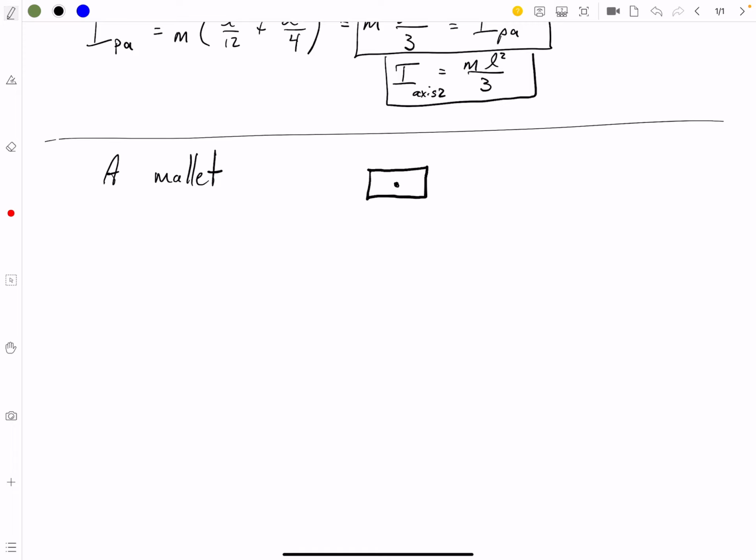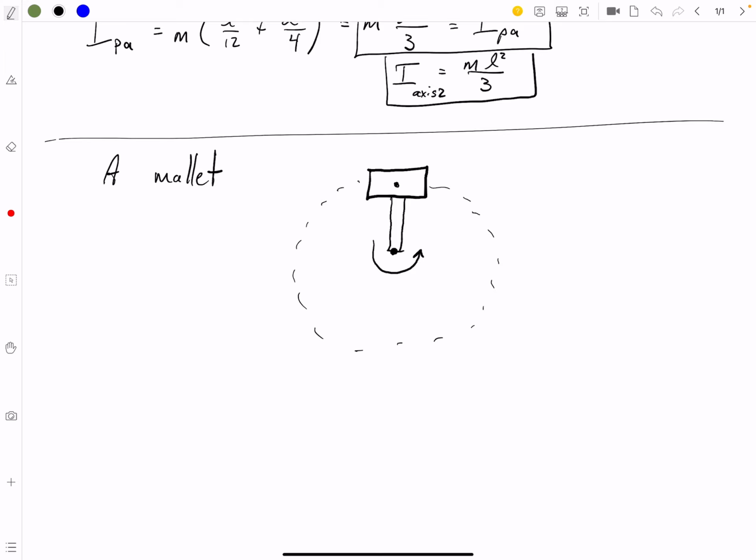That's the center of mass of that object. And then you can have this object, and it's all going to rotate about some point, and we're going to rotate, I don't know, like this, so that the mallet goes around in a circle like that.